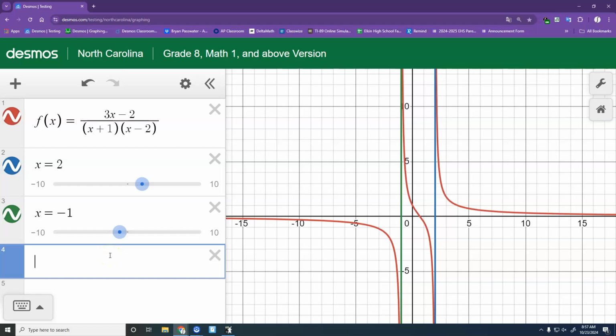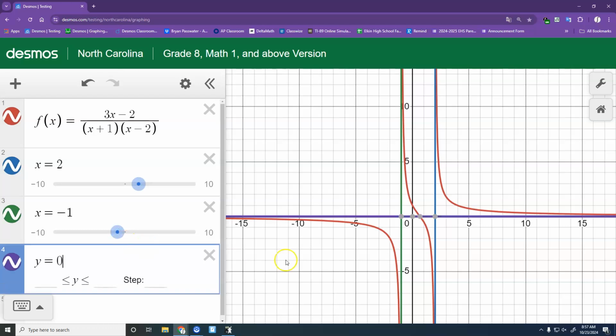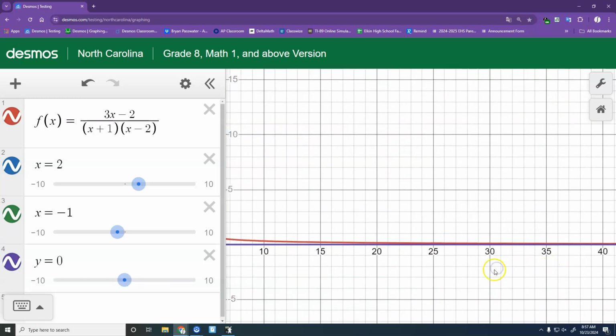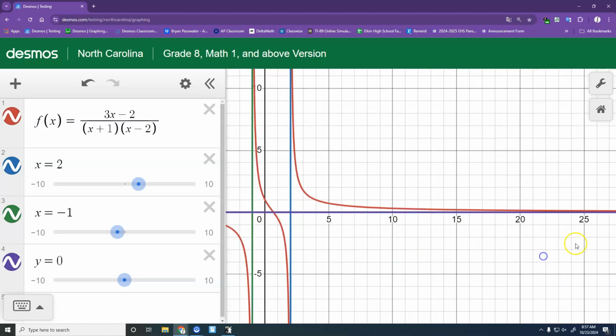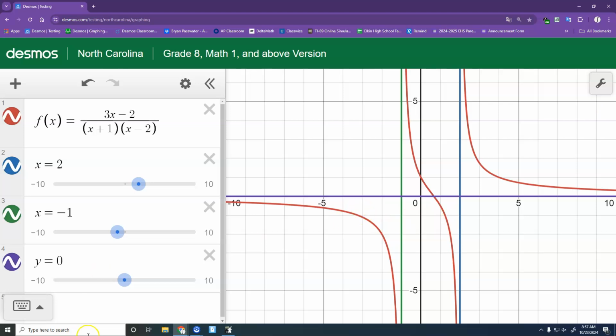And if it's a horizontal line, what's the equation of a horizontal line? y equals 0. Let's graph that. It does cross it here in the middle, which makes you think maybe it's not it. But that can happen. What you're looking at is the ends. If you zoom in, they're not actually touching. So we have a horizontal asymptote at y equals 0.